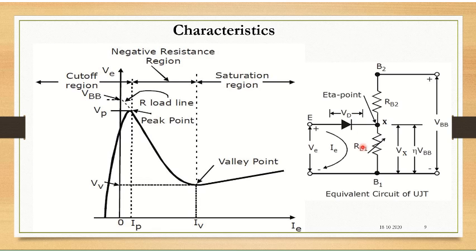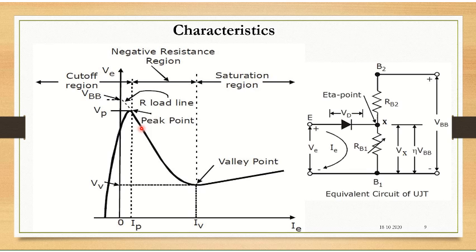Okay, so there is a process called regenerative, or also called snowballing process. Because of the injected holes, the resistance RB1 reduces. As the resistance reduces, the voltage also drops. So this region where the resistance is decreasing is your negative resistance region.